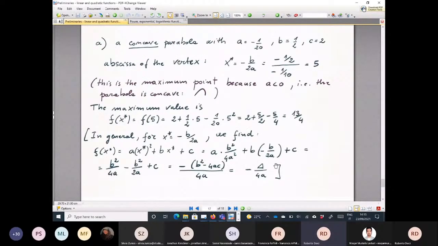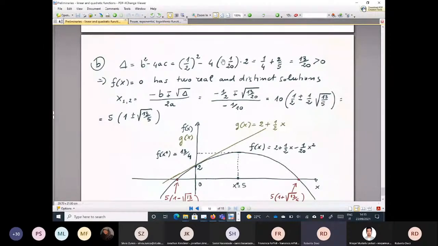Okay? The discriminant is delta, capital Delta equal to 13 over 20. It is strictly positive. We will have two different intersections with the x-axis. We can compute the intersections by applying the formula. So this exercise is just a summary of what we need about the parabola. You obtain two values, usually written in this way, the plus minus here.